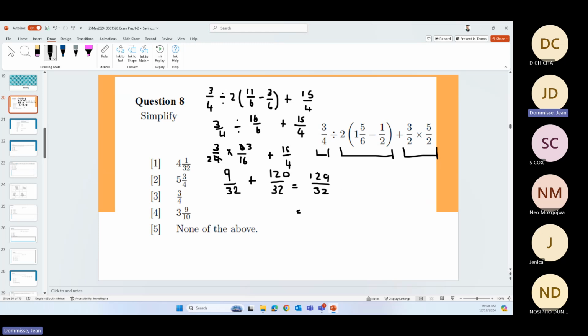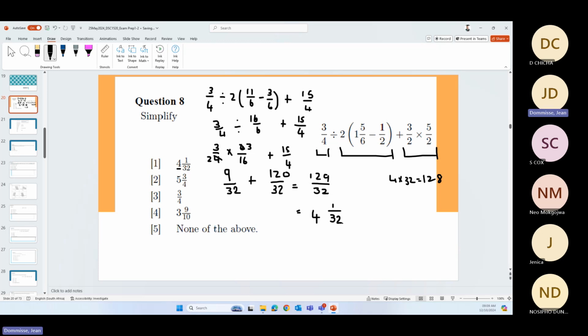I would use my calculator, and that gives me 4,03 or something like that. So I now know that we are at least looking at 4. Then I would say, okay, but 4 times 32 is how much? So 4 times 32 is equal to 128. So what do I have left if I take 128 from 129? I've got 1 left.